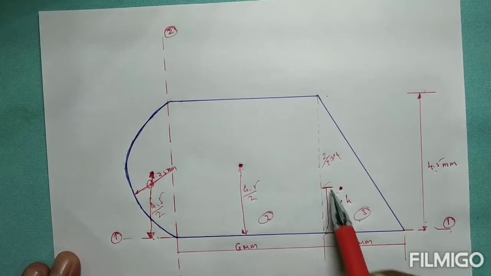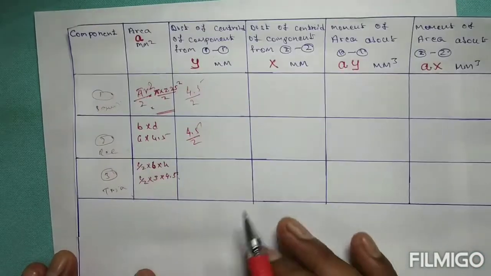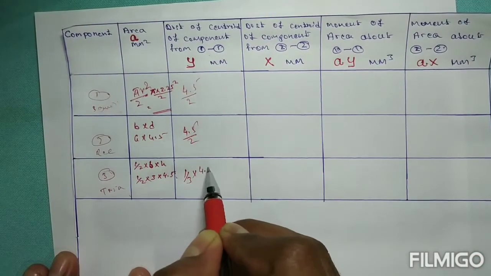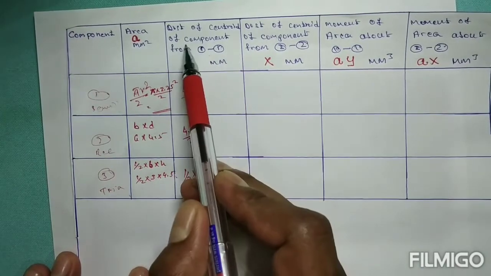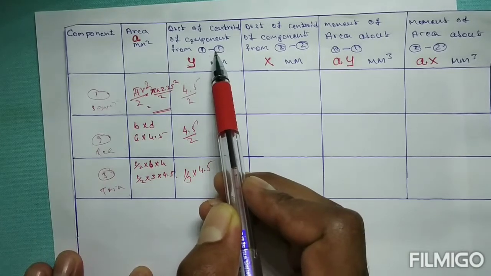So we need from here to here, that will be 1/3 of height, which is 4.5. Let me write it. Here it will be 1/3 of 4.5. So now the distance of centroid of each component to the reference axis 1 1 is over.